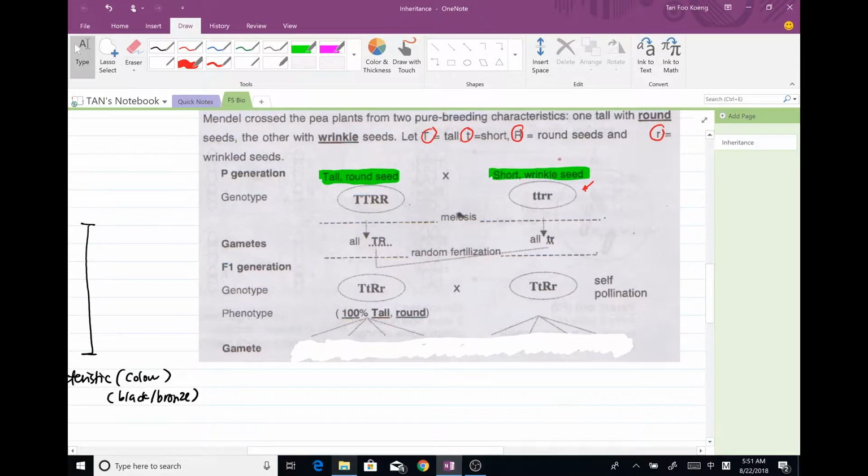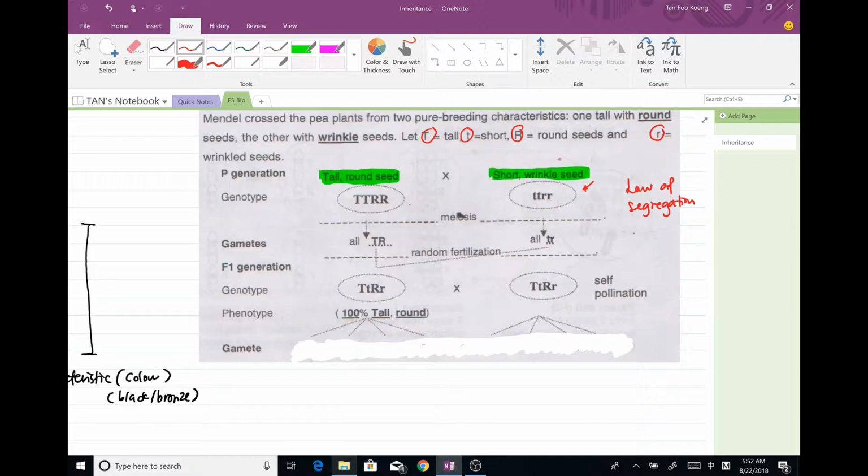So during the formation of gamete, as suggested in Mendel's first law, the law of segregation, the pair of alleles must separate. Gamete will only get either member of that pair of alleles.